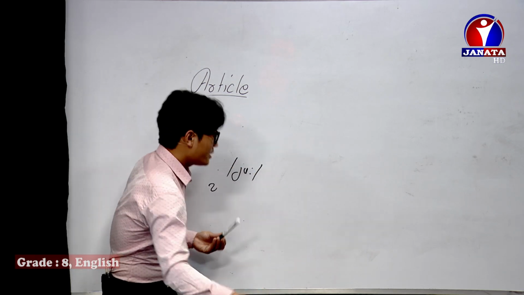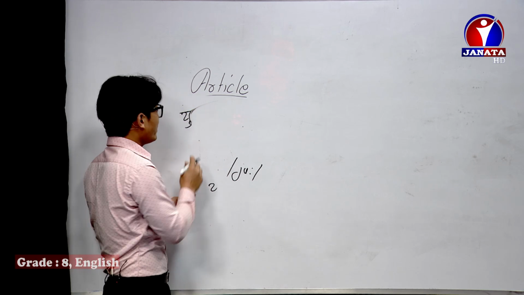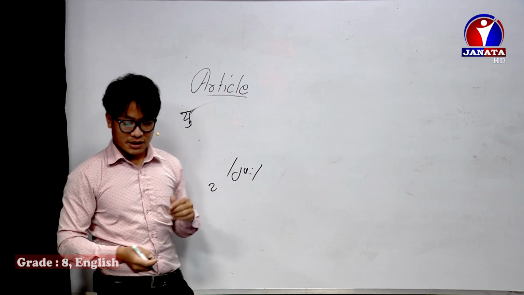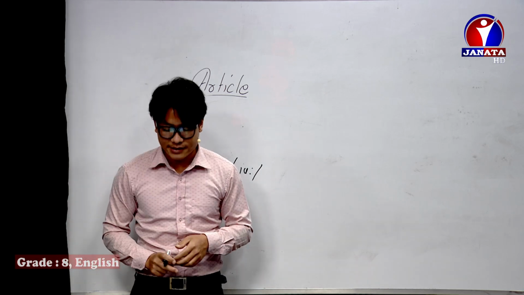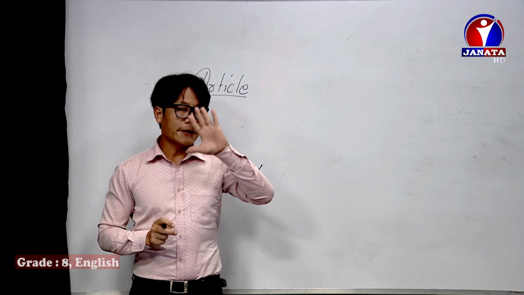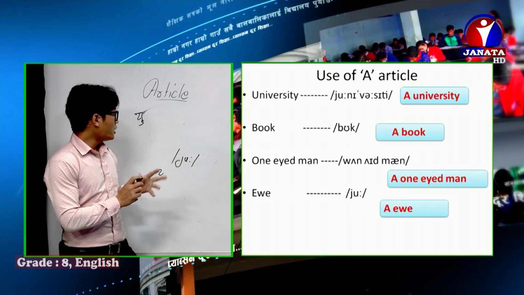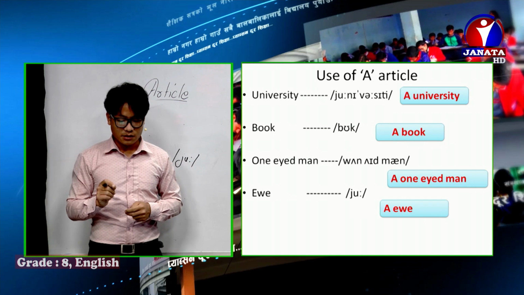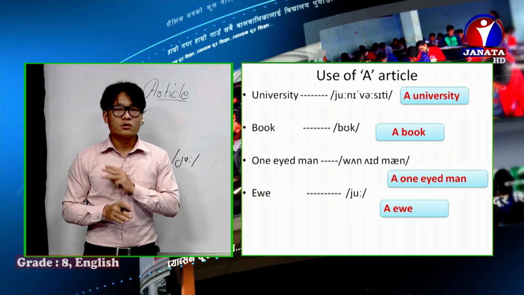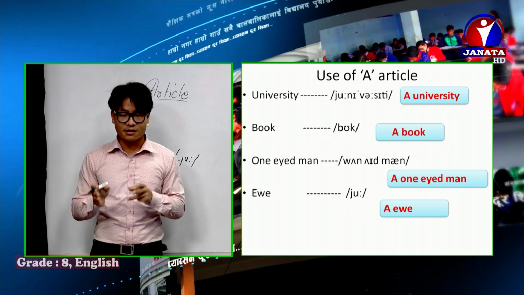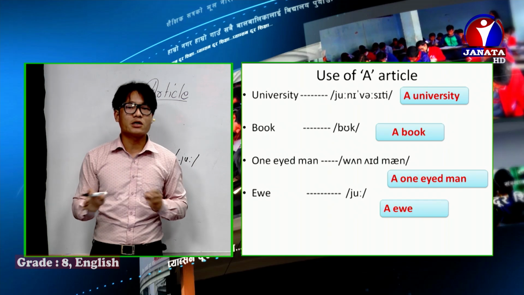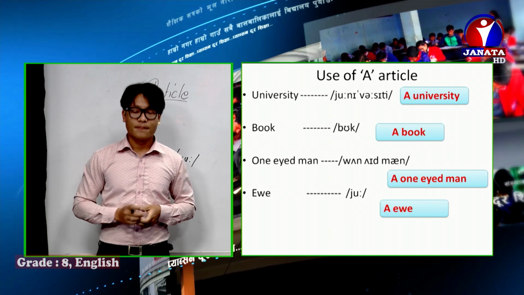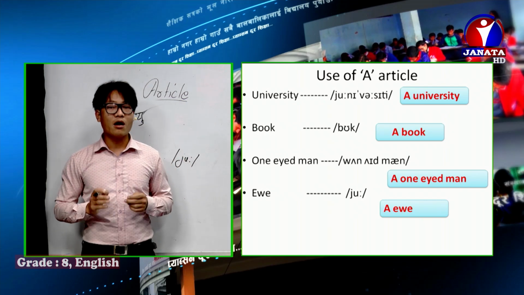So obviously once more I want to repeat it, 'yu' is a consonant sound. So according to this sound, this word ewe takes a. If you see, this word has the vowel letter E, then you want to use an article, but you should not use an. According to the sound, we should use A. So it becomes a ewe.